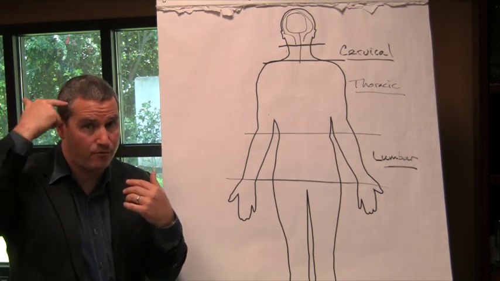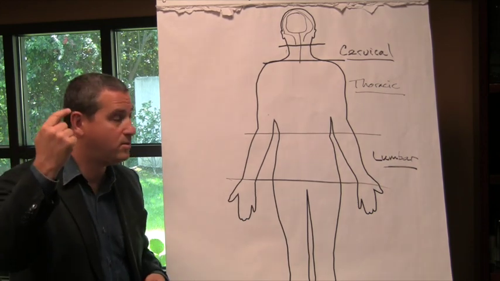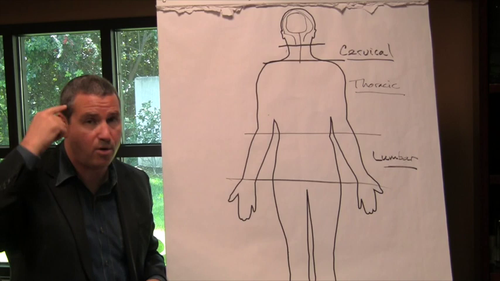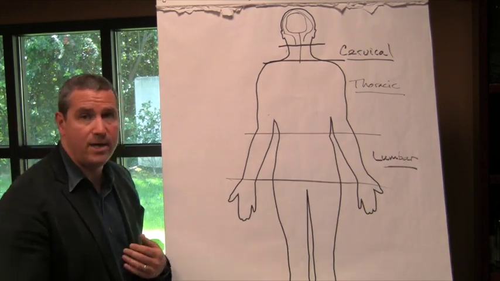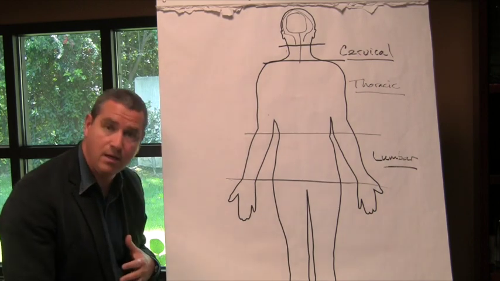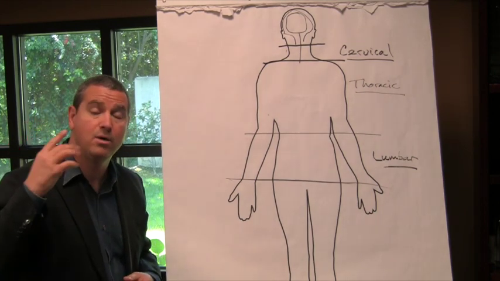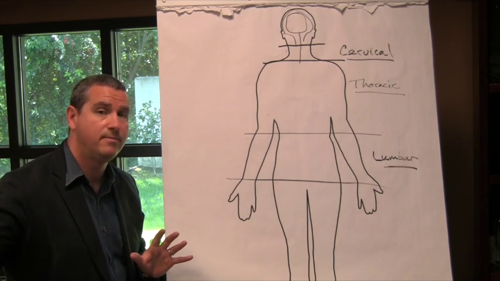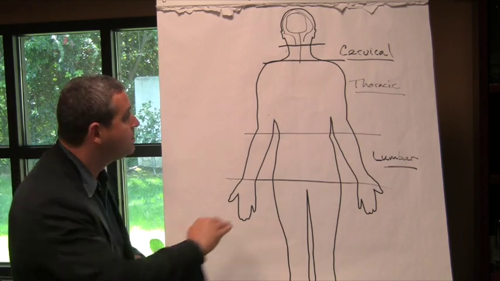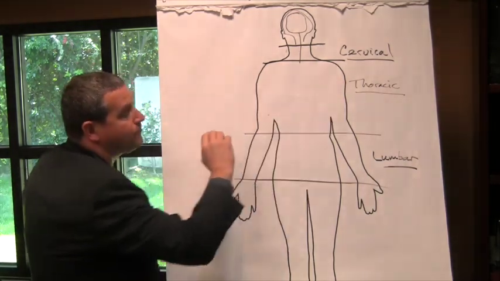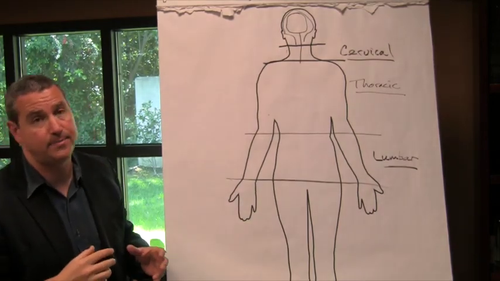Again, you're talking about information that's going along your information superhighway to your mainframe computer, your brain. And so you have these fibers that run all the way down, and when you're talking about your feet, we know that there is communication all the way up the spinal cord. When you're talking about your hands and arms, the communication only goes down to about this far. And most of it comes from the neck, the cervical spine.